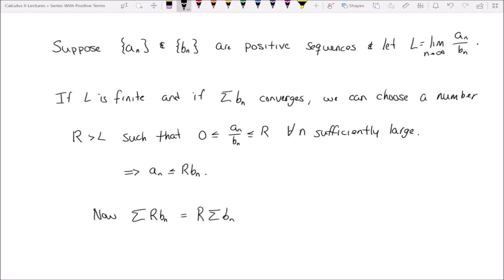Since R is a constant, we can write the series of R b sub n as R times the series of b sub n, which converges, right? This means that the series a sub n converges by the direct comparison test.